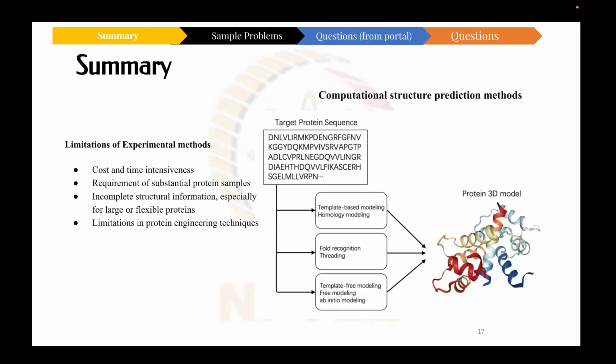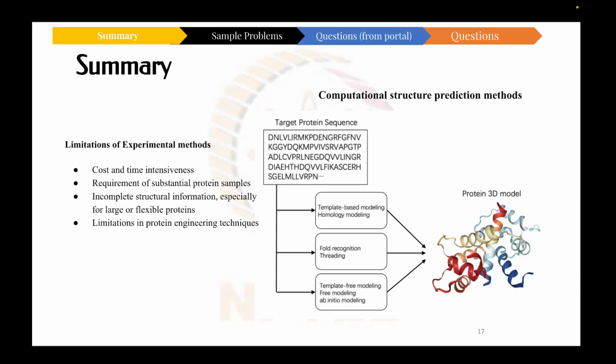In comparison to computational structure prediction methods, experimental methods can provide high resolution structures but are often time consuming. Computational methods use algorithms and modeling techniques to predict protein structures based on amino acid sequences and known structural principles.